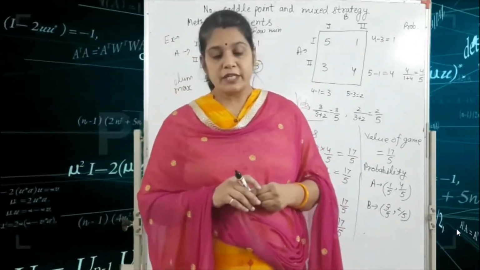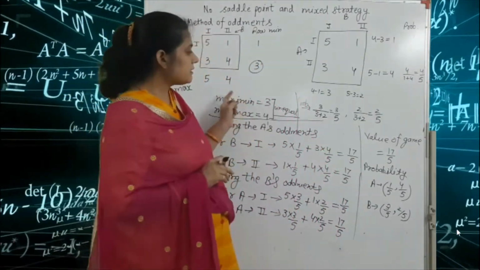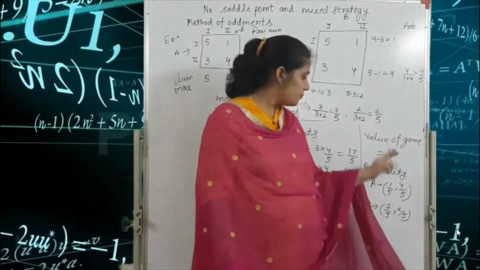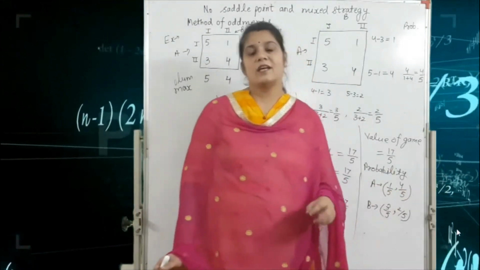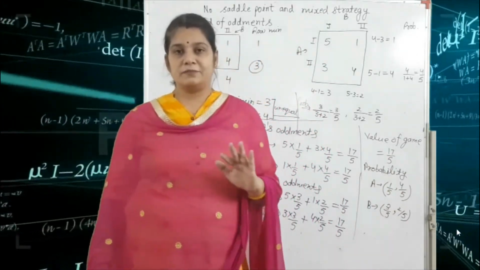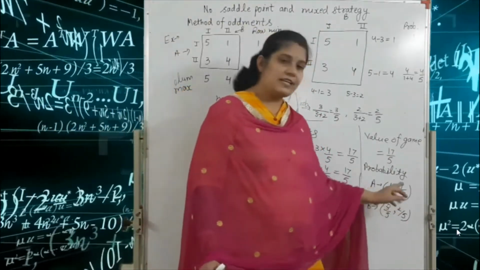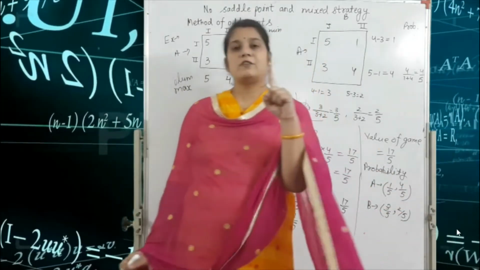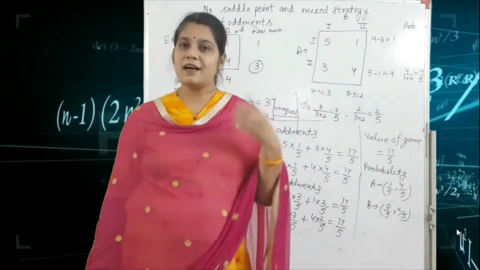Here we find the mixed strategy. Why is this the mixed strategy? Because both the values are less than 1, but the sum of both the values is equal to 1. So this is the mixed strategy.